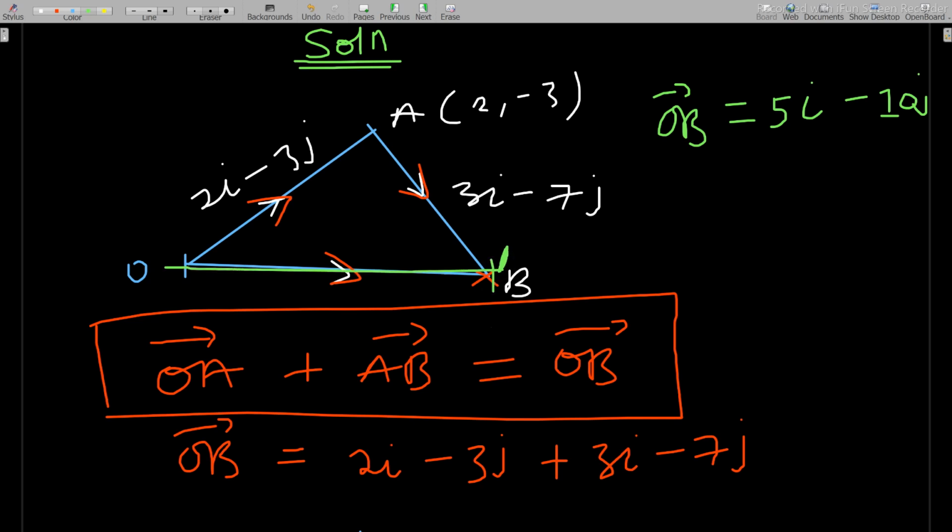I mean this distance. Do you now understand it? That's what we want to find.